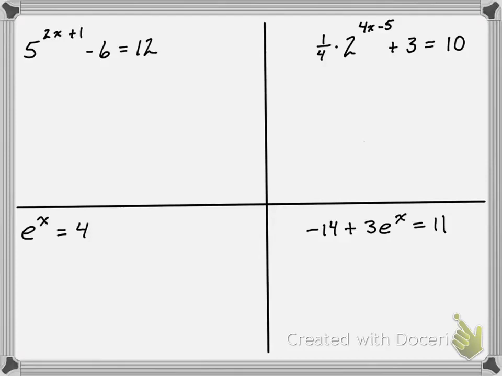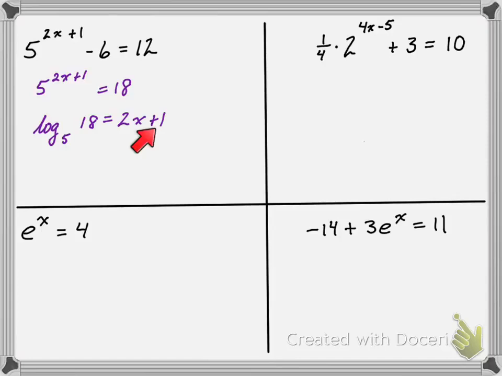All right, so just doing a little bit more practice here. The next problem, we're going to start out by adding 6 over to the other side. Now we can convert this to a logarithm. So it's log base 5 of 18 equals 2x plus 1.